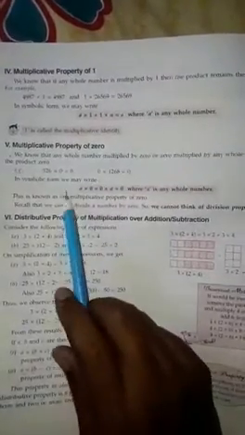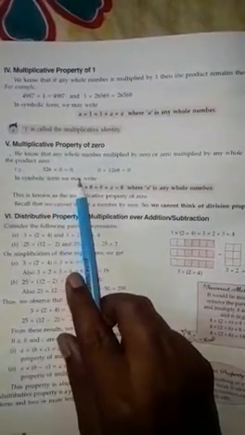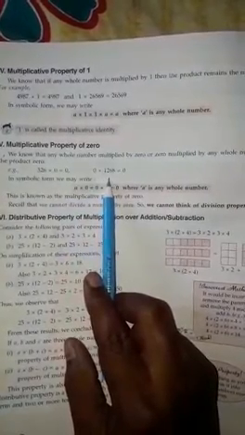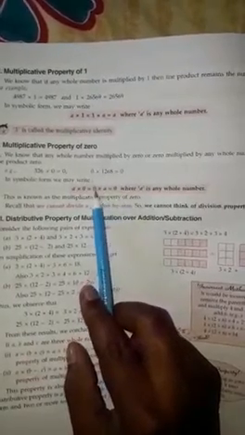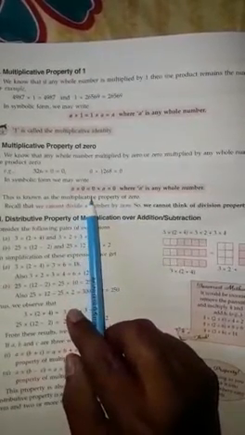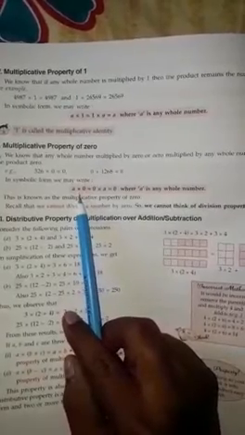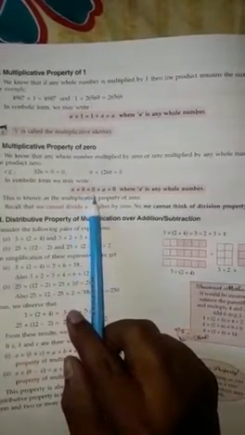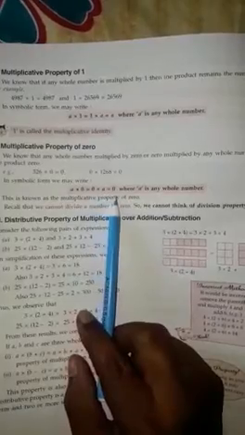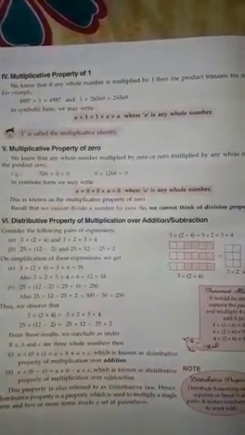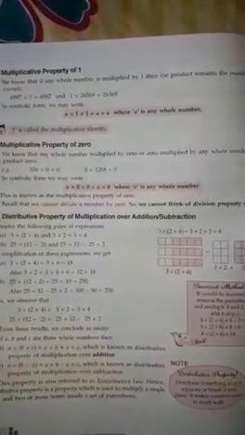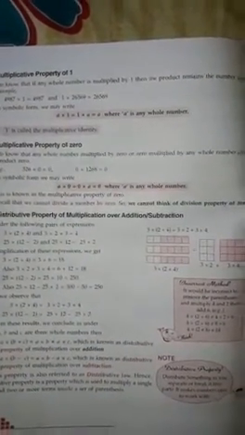Suppose 326 into 0 is equal to 0, and 0 into 1268 is equal to 0, and the formula of multiplicative property of 0 is a into 0 is equal to 0 into a is equal to 0. We cannot divide a number by 0. So we can think of division property of 0.